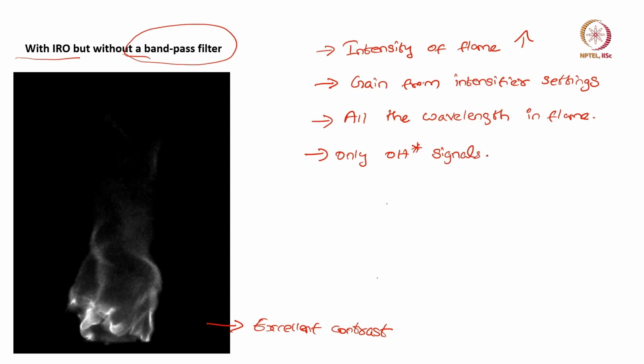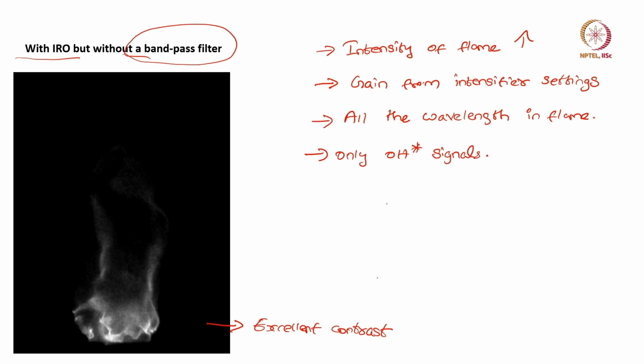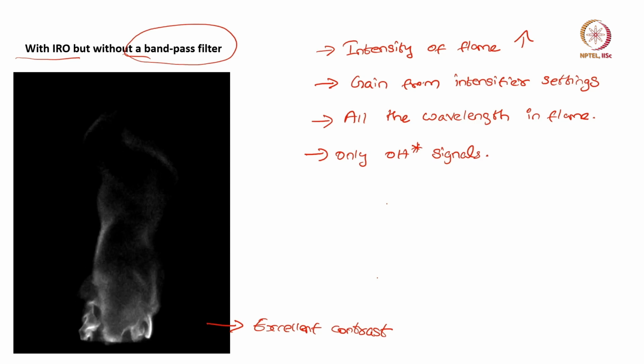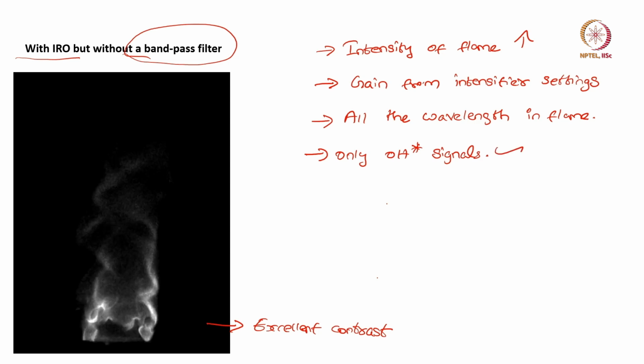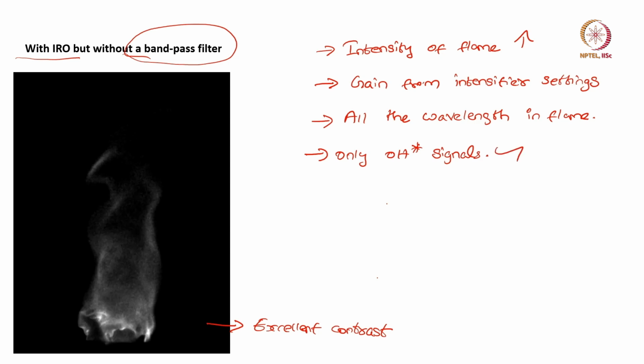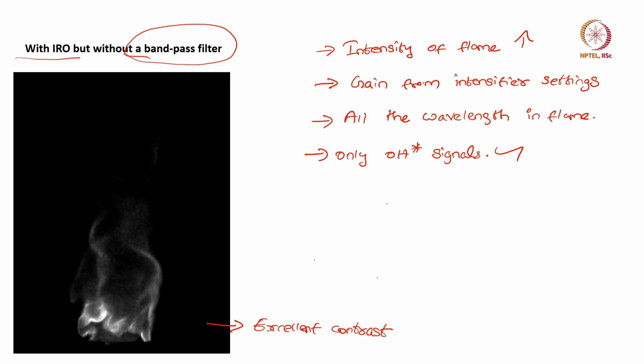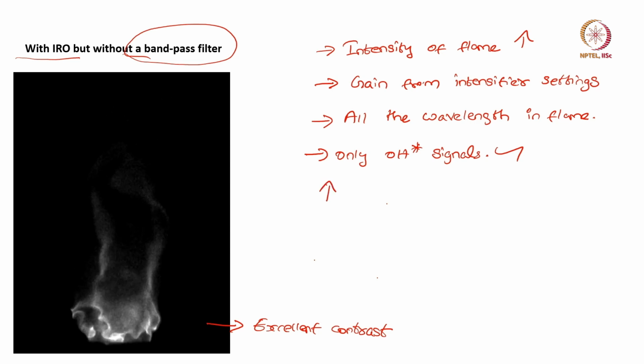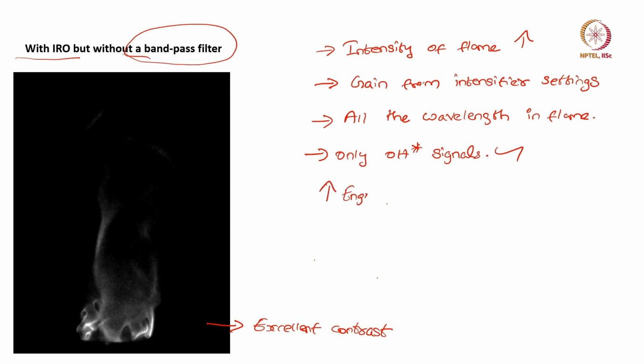As we discussed in the theory session, signals in the UV range like OH chemiluminescence carry a higher energy compared to those in the visible range.